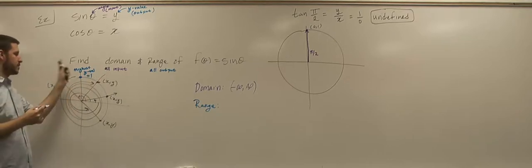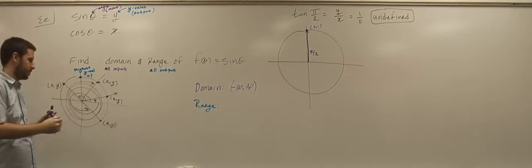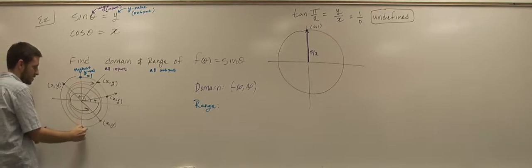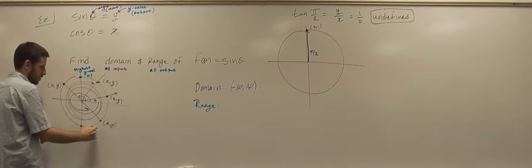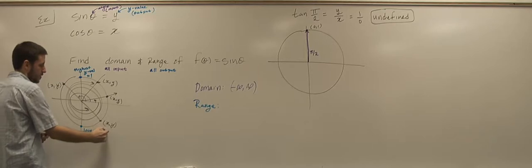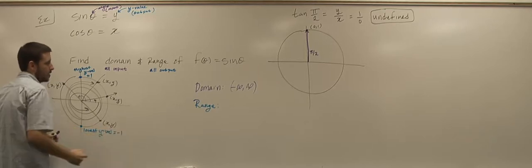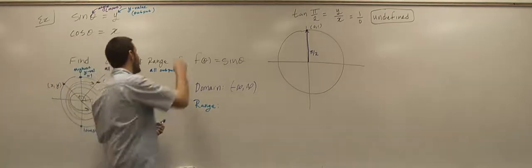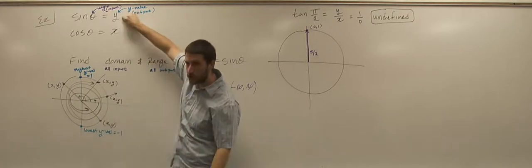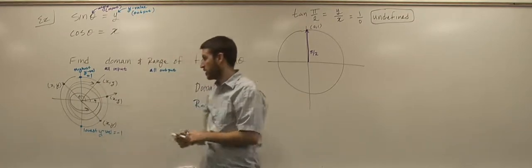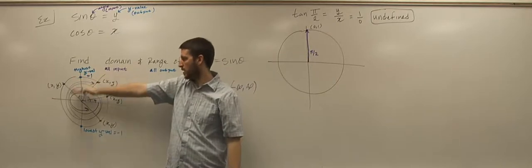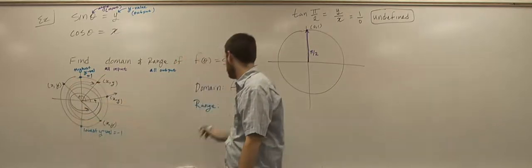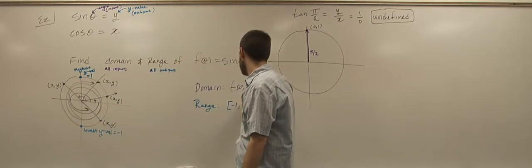What's the lowest possible y value you can get out of the unit circle? This guy's the lowest. And it's equal to negative 1. So the range for sine, the outputs, the answers you can get for sine, go between 1 and negative 1. Or you can write it as an interval like this.